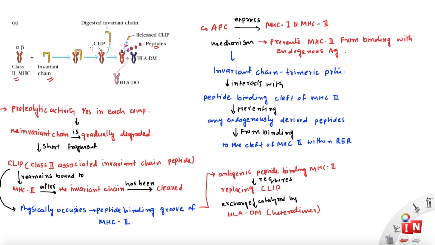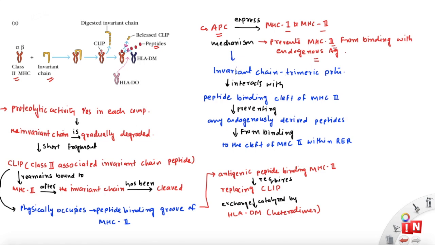Now we'll come to see what this CLIP is. As I said, the antigen presenting cell can express both 1 and 2, so there has to be some mechanism that prevents class 2 from binding with endogenous antigen. Because the size of the peptide is small in case of endogenous, it can easily come and sit on the MHC class 2 cleft.